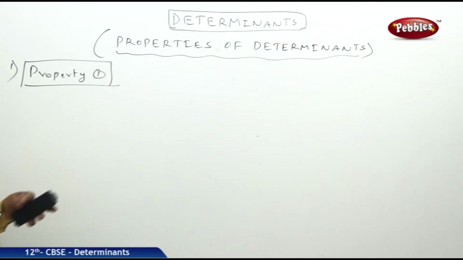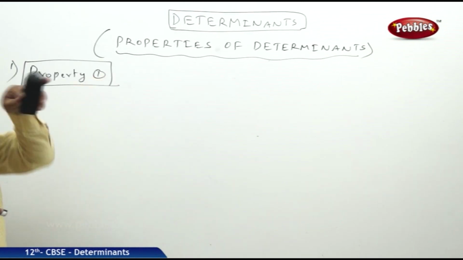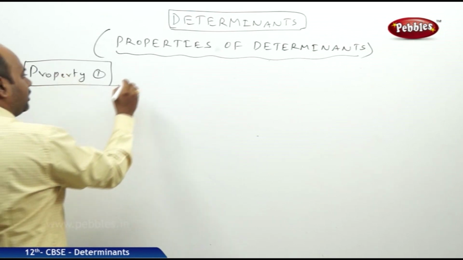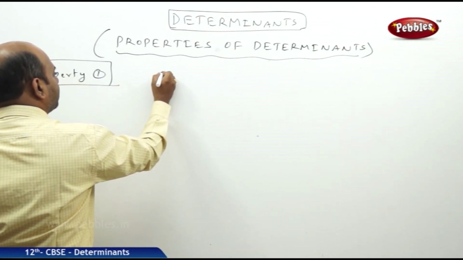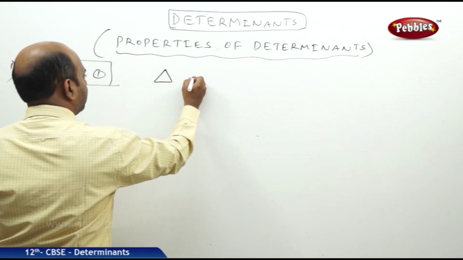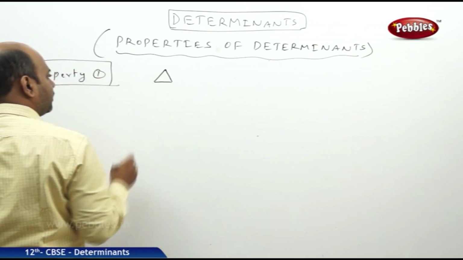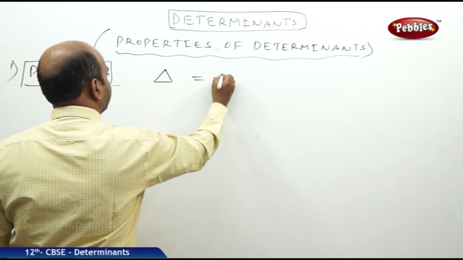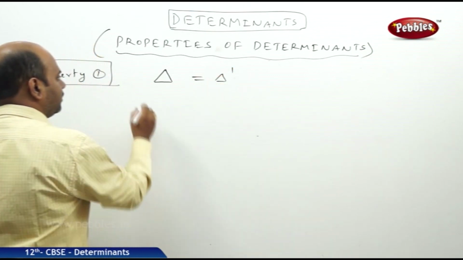Now we are learning the properties of determinants. What the first property is telling: if the determinant is denoted by delta, then delta is equal to delta dash.